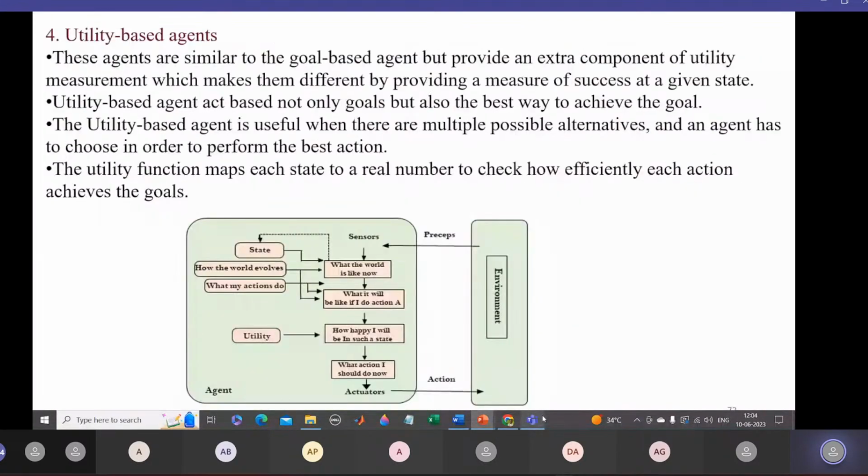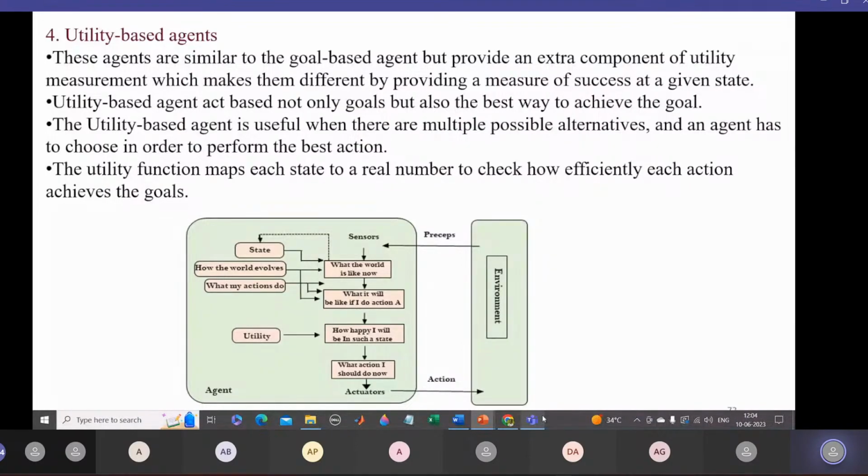The next one is the utility-based agent. It is similar to goal-based but provides an extra component of utility. They are based not only on the goals but also on the best way to achieve the goals. When you have multiple possible alternatives, you can go for the utility-based agent, which has to choose how to perform the best action.